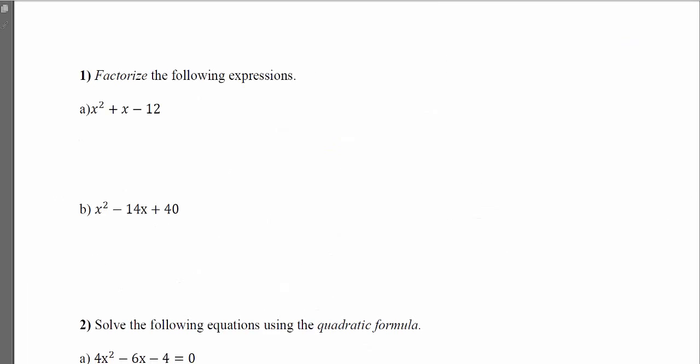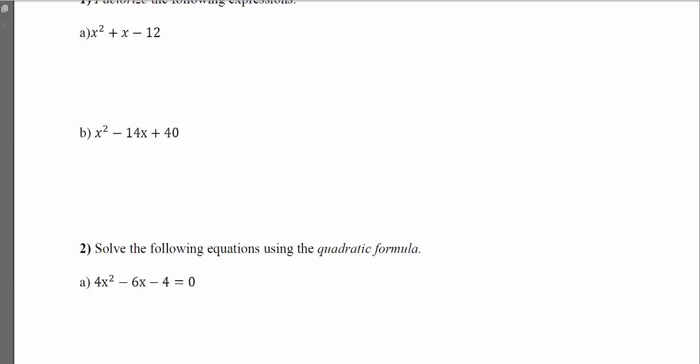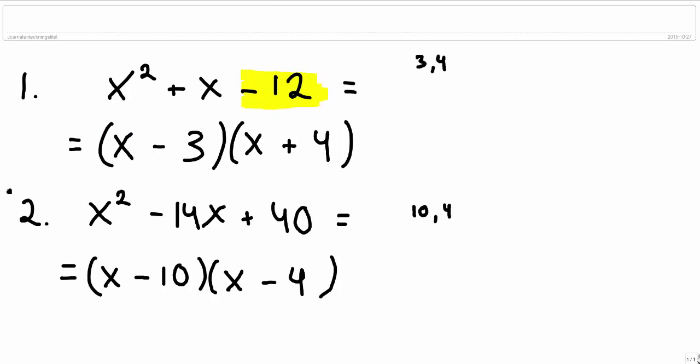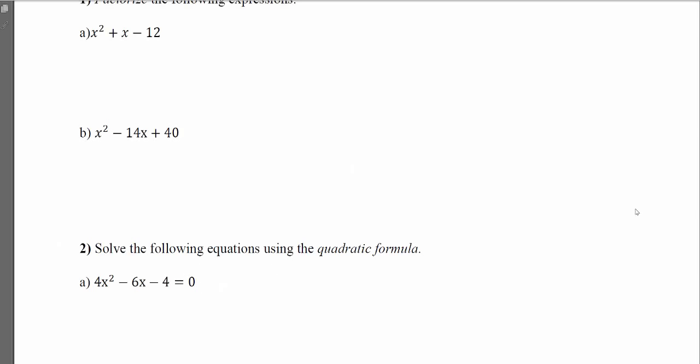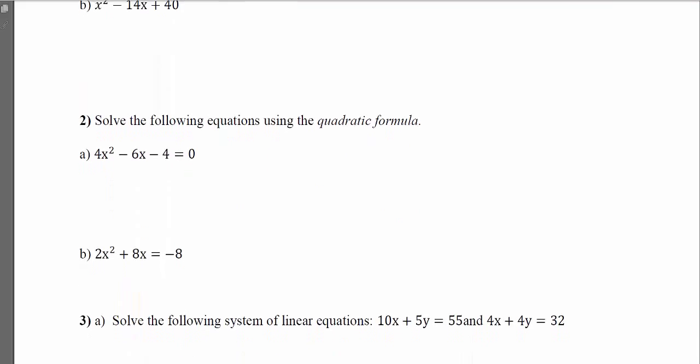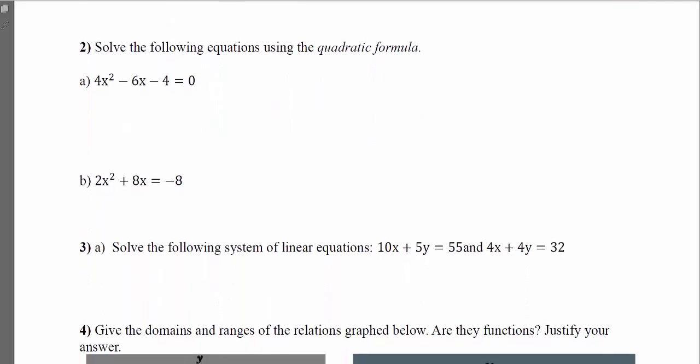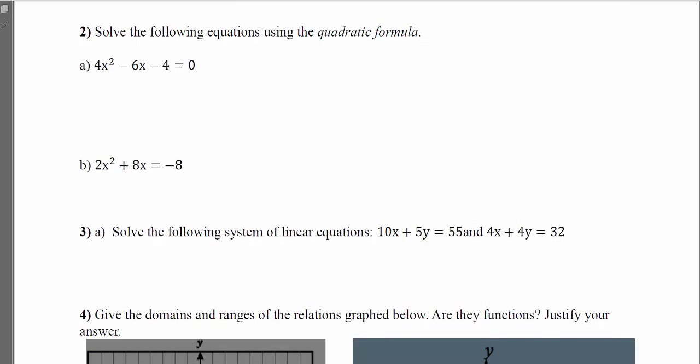Number 2, sorry, that was actually A and B. I'm going to erase this and write A and B. Number 2, let's see what they want us to do. Number 2, solve the following equations using the quadratic formula. Okay, I'm just going to do one of these, and then you can try it with the second example with the formula yourself.